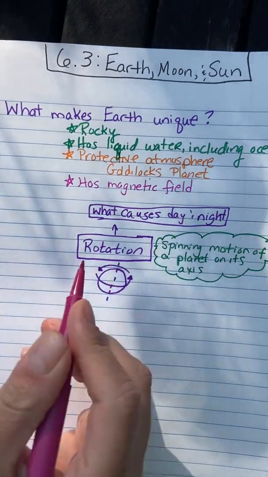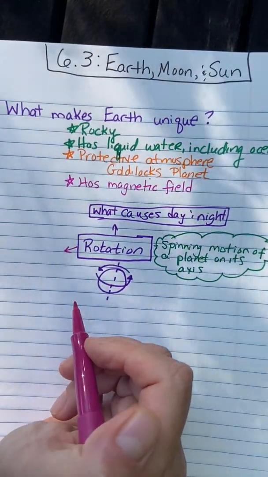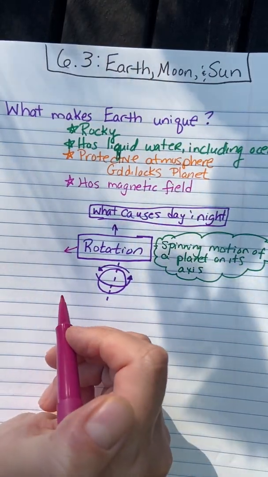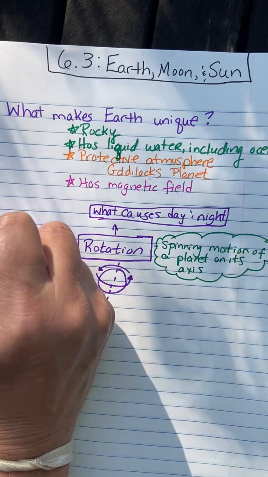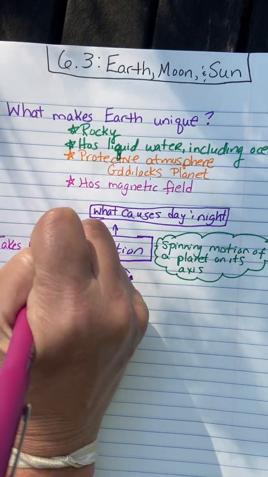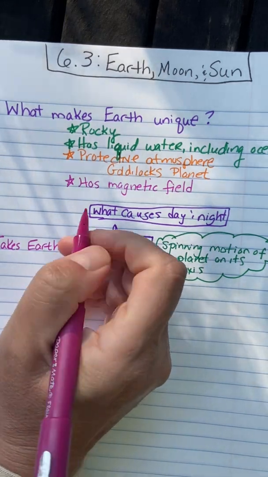How long does it take Earth to rotate fully around its axis? You know, it takes about 24 hours or 1 day. And each planet has a different rotational speed, but Earth, we all know there's 24 hours in a day.